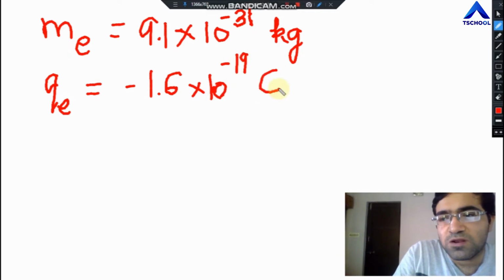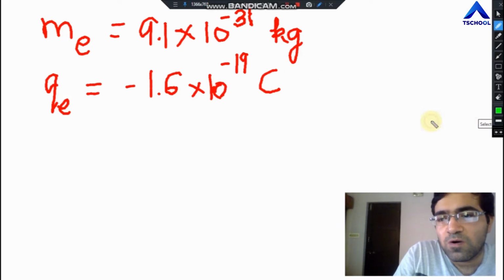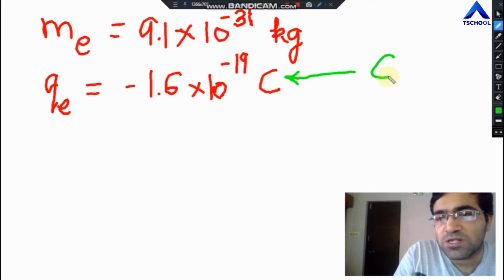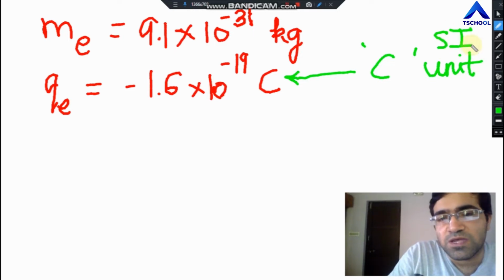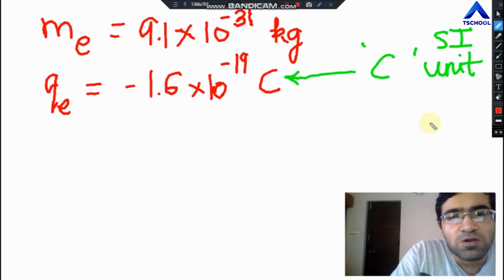Again, remember that Coulomb is the SI unit of charge. So don't forget that Coulomb is the SI unit of charge. Okay, so this is all about the electron.